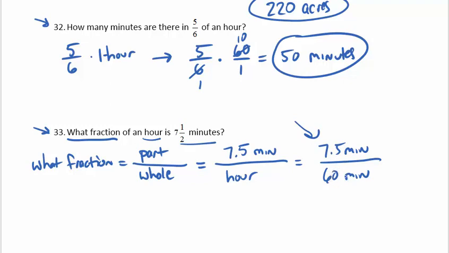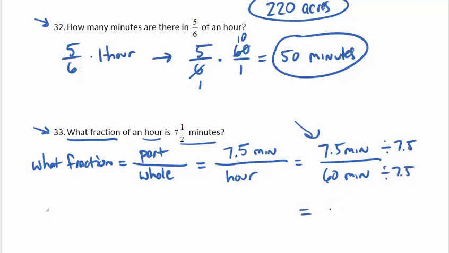I've got the units the same, but anytime we're working with a fraction, we always want to see if we can simplify it. And this next step is kind of tricky. 7.5 and 60 share a common factor. 7.5 actually divides into 60 evenly. So I'm going to simplify this fraction like I would any other fraction by dividing out the common factor, which is to divide by 7.5, the top and the bottom.